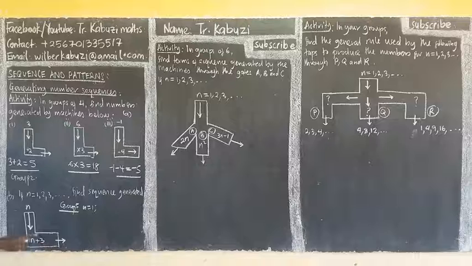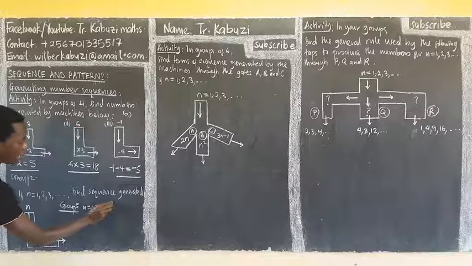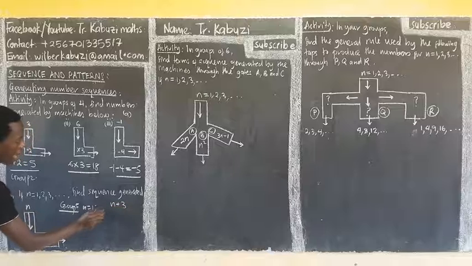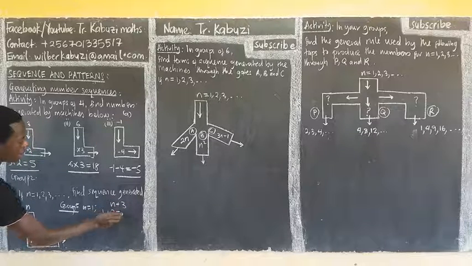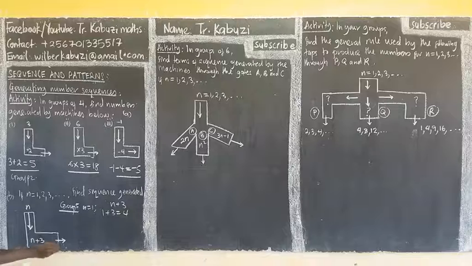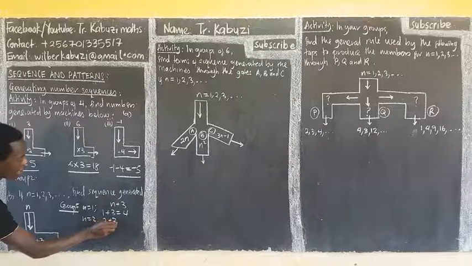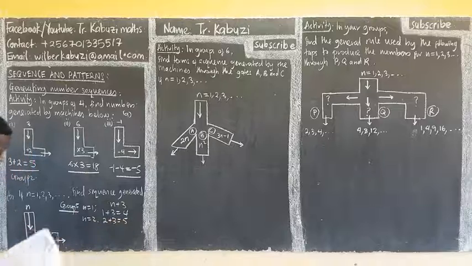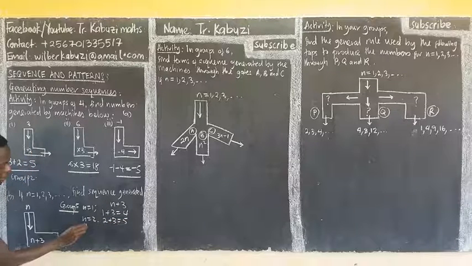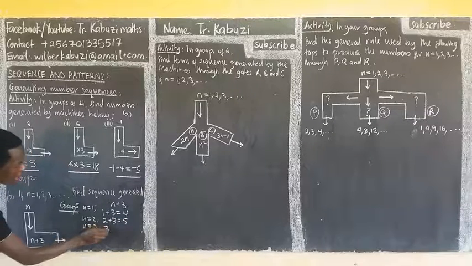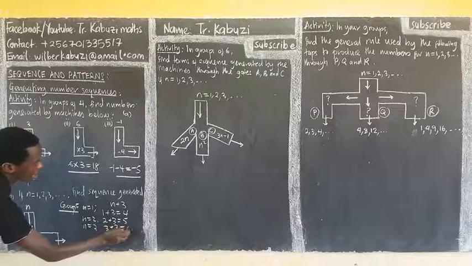Remember, they are telling us that on n they add 3. Remember, we have n plus 3. So they add 1 and then they got 4. When n is 2, 2 plus 3, they have a 5. Then when n is 3, they have 3 plus 3, which is 6.